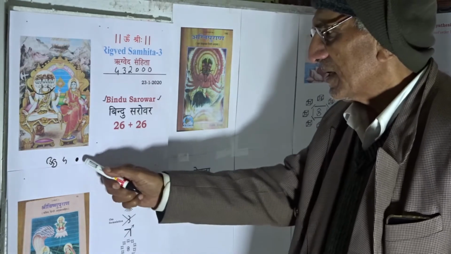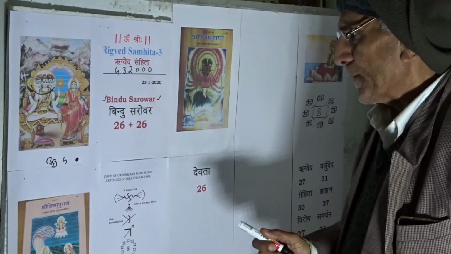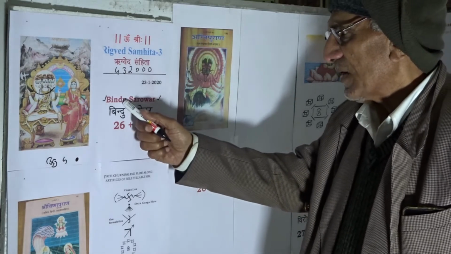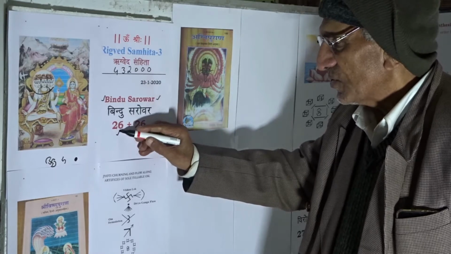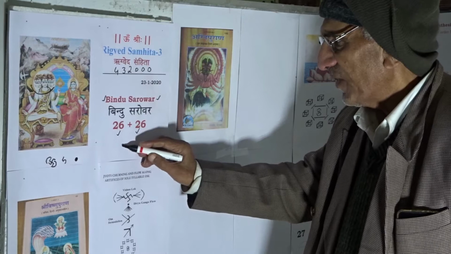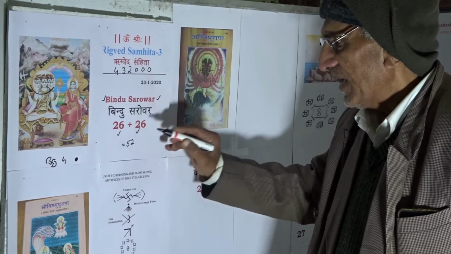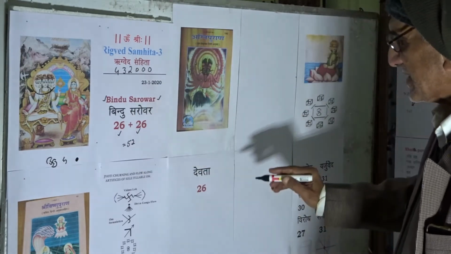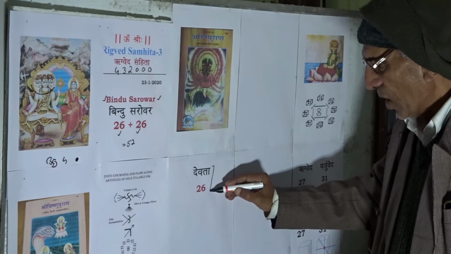This point becomes a Sarovar, a reservoir. The formulation Bindu Sarovar accepts values 26 plus 26 is equal to 52. And value 26 is the value of the formulation Devta, a god.